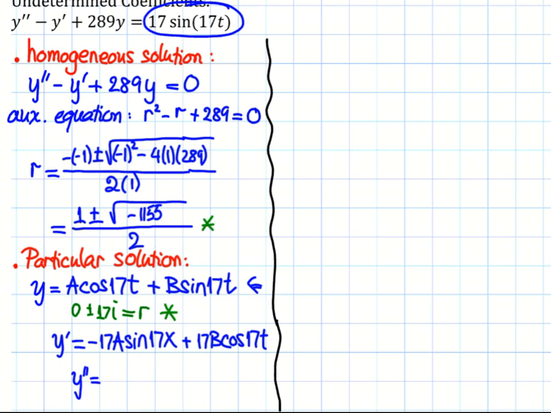The second derivative: derivative of sine is cosine, so 17 squared, that's 289. So we have negative 289a cosine of 17t, and the derivative of cosine is negative sine, so I have negative 289b sine of 17t.